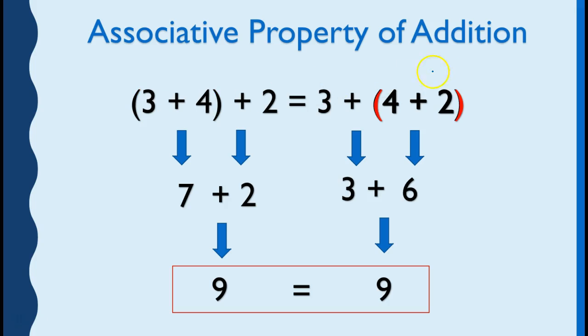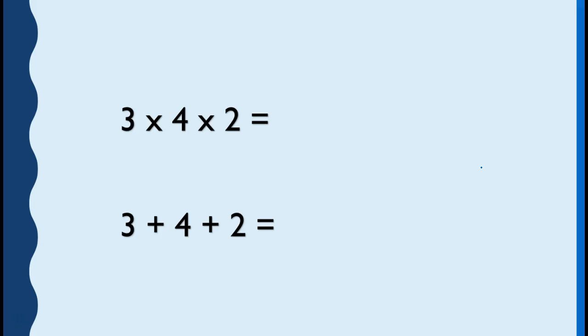And on this side, you're grouping 4 plus 2, meaning you do that part first. But look at that, it does not change the answer. Now I have to tell you that this does not work with subtraction and division. The associative property only works with multiplication and addition.